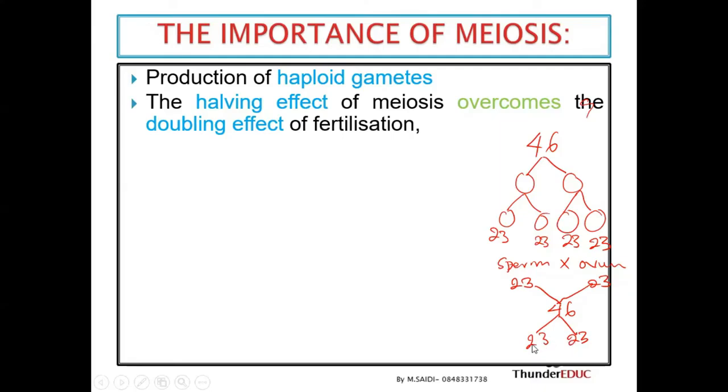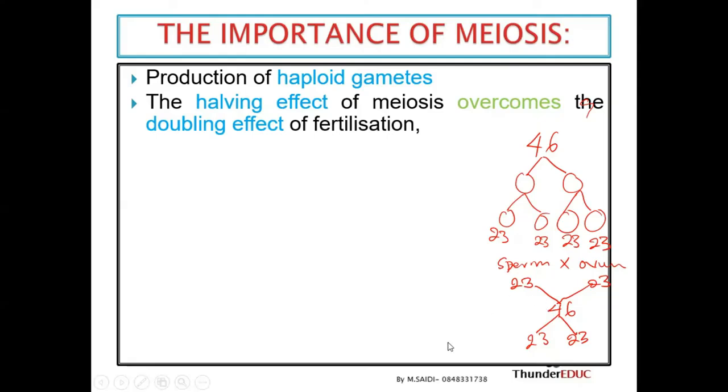So this helps us to keep the number of chromosomes constant from one generation to the next. If this halving effect was not there, and fertilization occurred, it would have been 46, and then you form another one which is 92, then 92 again, and again, you form a big number.